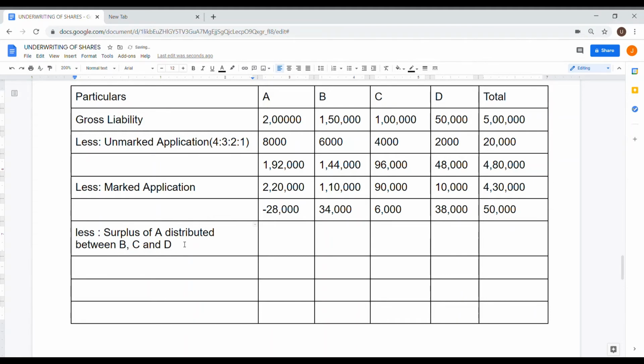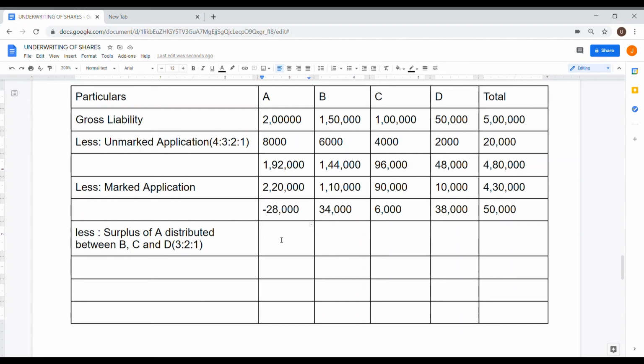It is in the same ratio that it is given, 3:2:1. This 28,000 you're gonna distribute among B, C and D.